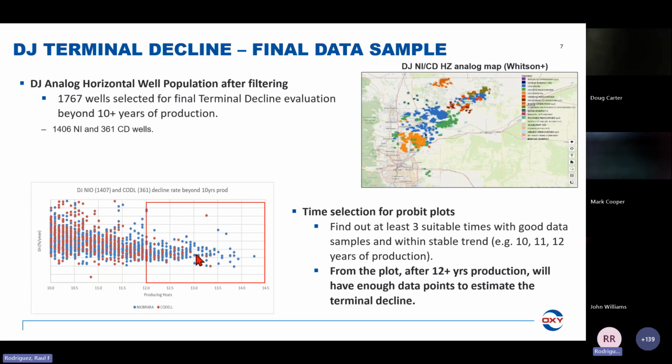Having said that, and based on the zoom-in of the plot of the decline rate versus the producing years, more or less we see that after 12-plus years of production, we will have enough data points to estimate the terminal decline. And then finally, you can see some plots, like the map after filtering those wells in Whitson.